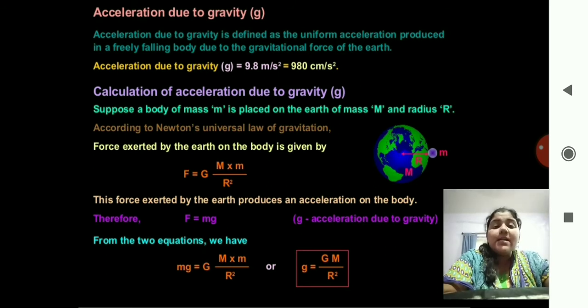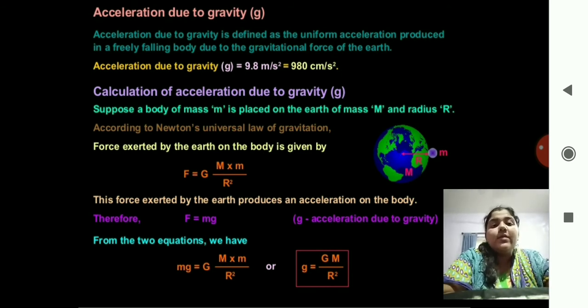In terms of acceleration, the formula of force is what? Mass into acceleration. So now in the place of acceleration, we are going to replace a with g, that is acceleration due to gravity. Why are we going to replace it? Because now the acceleration is acting due to the gravitational force, and therefore we will remove the a and take the small g.